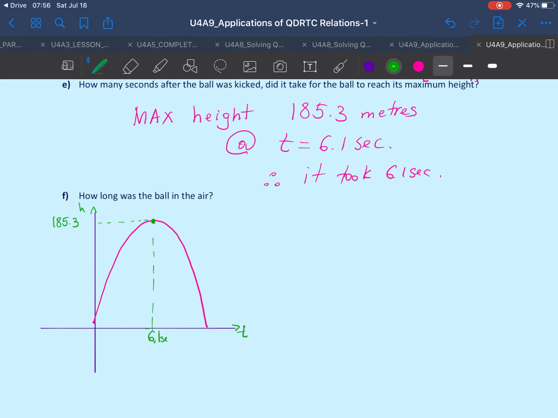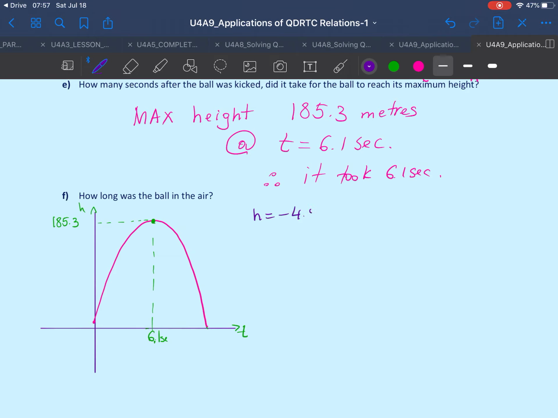This is time. Now, the ball was up in the air from the moment it was kicked to what moment? To the moment that it hit the ground. So, what we do know actually about the ball when it hits the ground, which is this point right here, is that the height will be 0 at that moment.